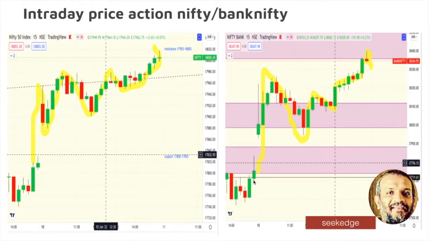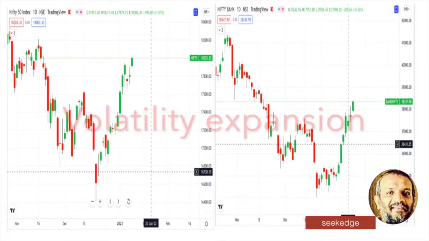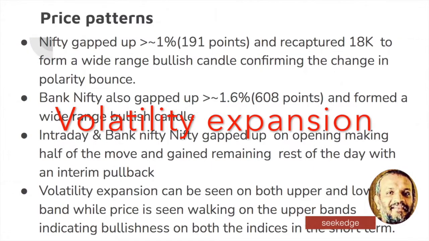And Nifty also, right, 0.5% gap up, and then some retracement in between, and then trended upwards. So the high that it made today was near 38,350 kind of levels, right?